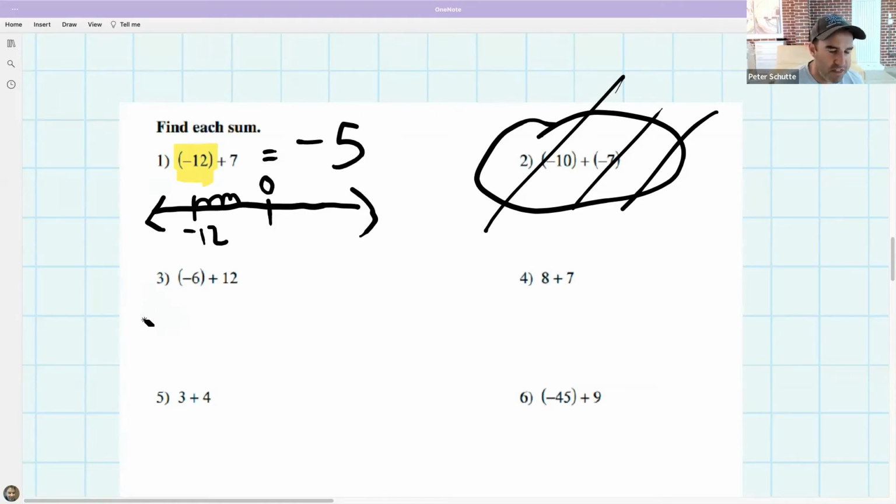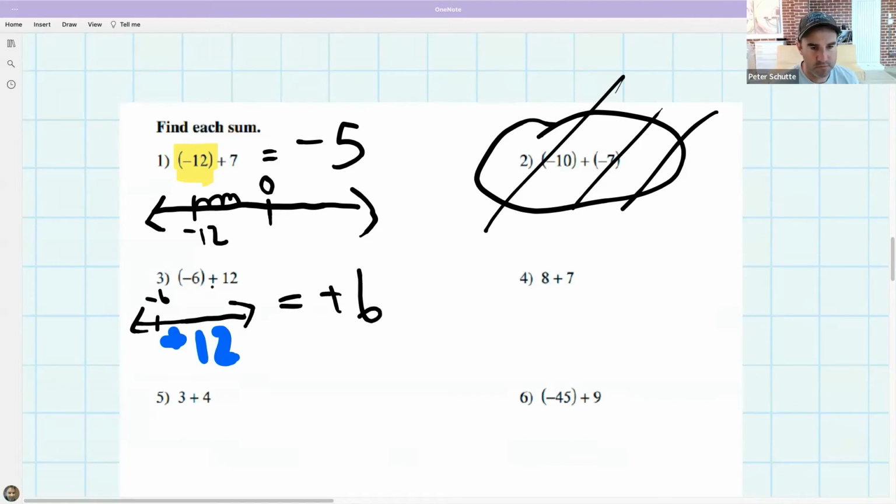For number 3, if you imagine my number line, if here is minus 6, I have to go plus 12 to the right. I use up 6 getting to 0, then I need another 6. So I get plus 6 for number 3.